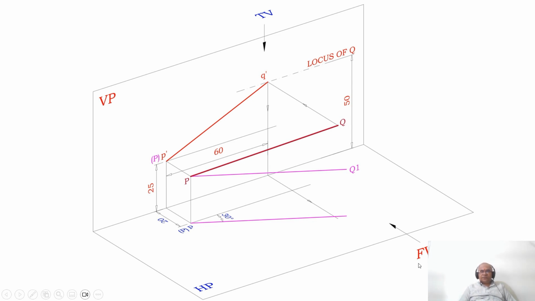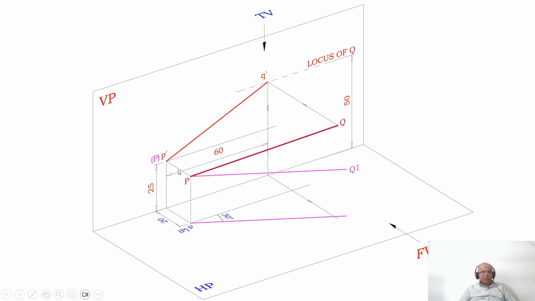How to analyze this? The end P is 25 mm above HP. When you look from the front view, that image will fall in the vertical plane. So you have 25 mm above HP here, and you mark this point as P dash and capital P. Then P is also 20 mm in front of VP.